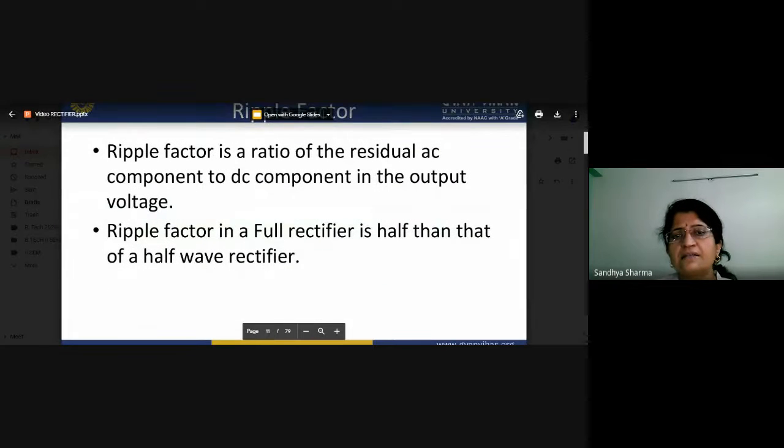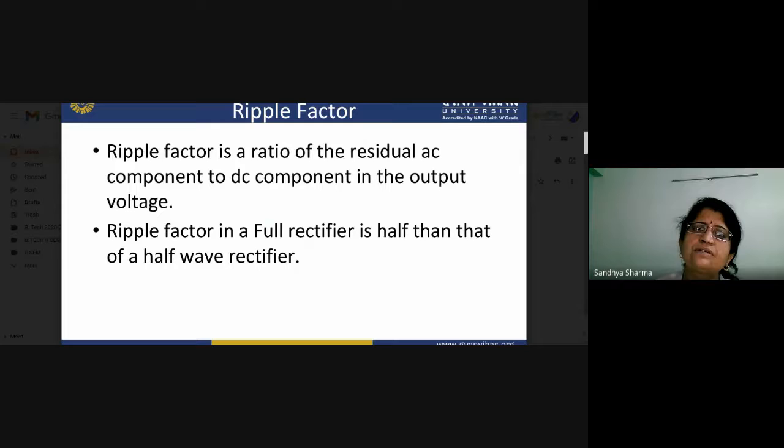Before starting these calculations, we can also see what the ripple factor is. Basically, the ripple factor is the ratio of the AC component to the DC component in the output voltage. Because you are not receiving completely DC current, your DC current is pulsating DC, meaning there are fluctuations, and a small amount of AC component is included in your DC signal.